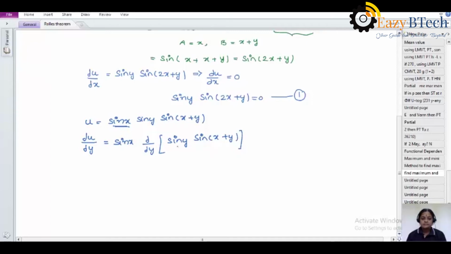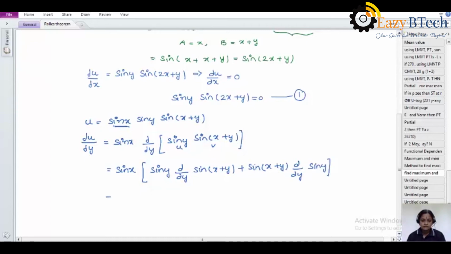So here also applying the u into v formula, because both product terms contain the y variable. So sin y ∂/∂y of sin(x+y) plus sin(x+y) ∂/∂y of sin y. So now doing the partial differentiation: for sin(x+y) the differentiation is cos(x+y), and plus sin(x+y), sin y differentiation is cos y.